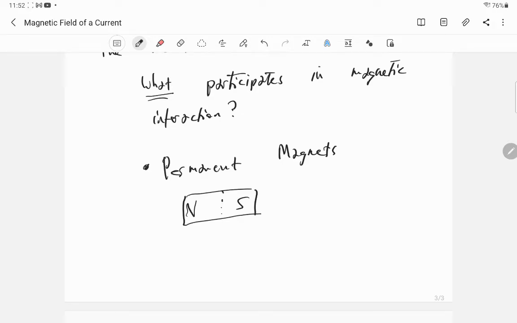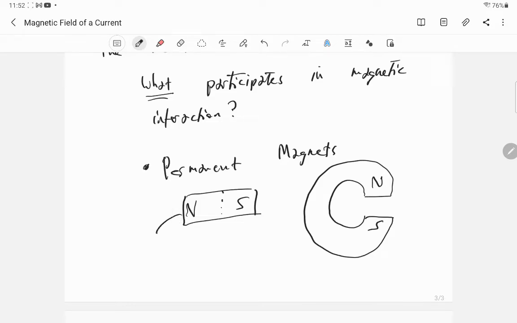I've been drawing them to look like there's a north and a south. Sometimes I've been drawing horseshoe magnets. They still have north-south poles, right? And these things have magnetic field. Field lines come out of north and go into south. So it emerges from the north and goes back into the south. It does so on both sides, right?